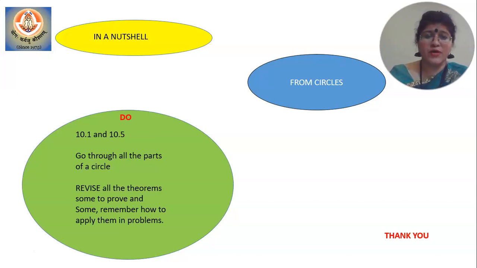You just have to go through 12.1 and similar types of problems. And the circle chapter, no doubt, is a very important chapter. I want you to look into the next video lesson where I will be showing you important theorems from chapter 10, that is circles.